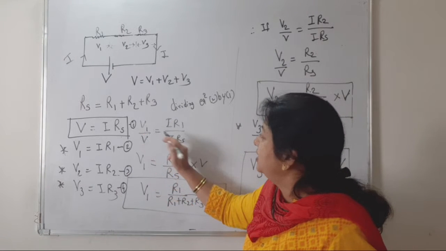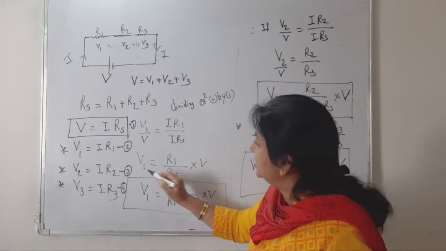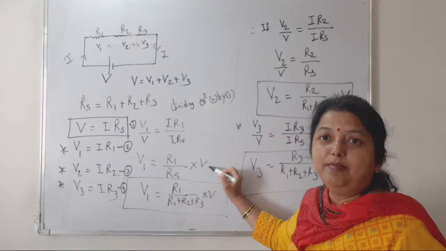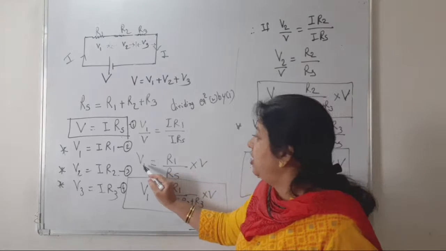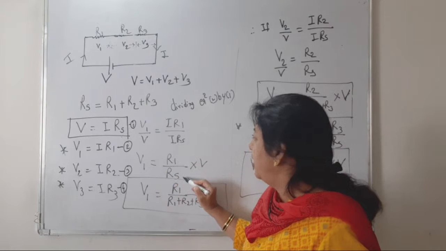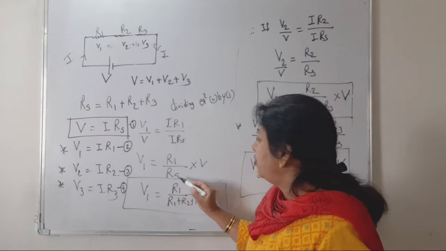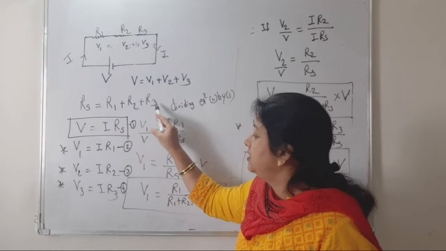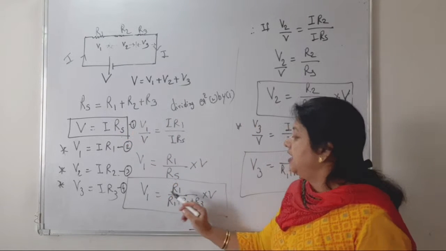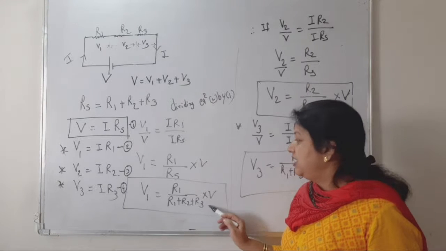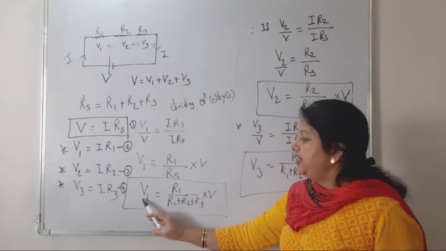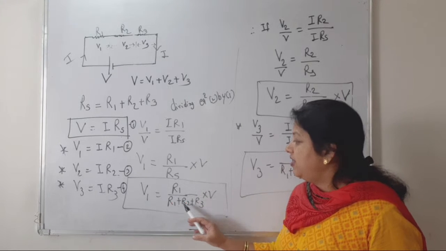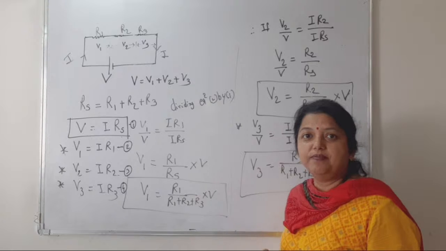Therefore V1 is equal to R1 upon RS, and that V at the denominator goes to the multiplication side. So we get V1 is equal to R1 upon RS into V. What is the value of RS? RS is equal to R1 plus R2 plus R3. So we insert here R1 plus R2 plus R3. So what is the formula for potential V1 across resistance R1? R1 upon R1 plus R2 plus R3 into V.